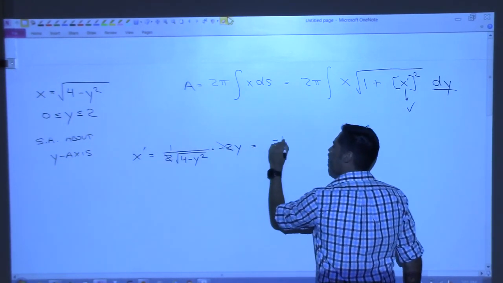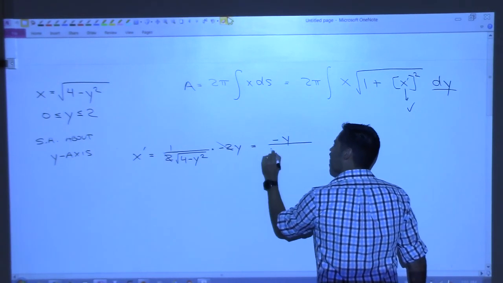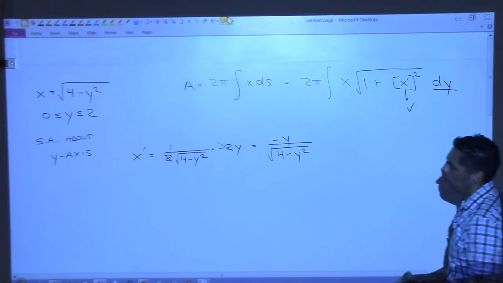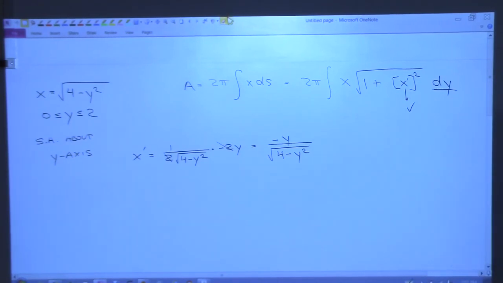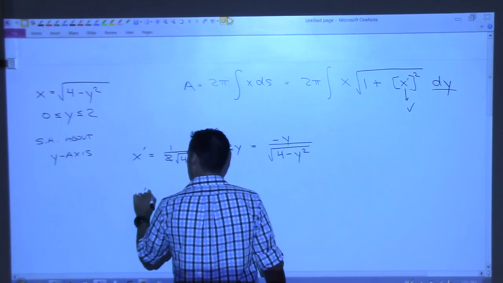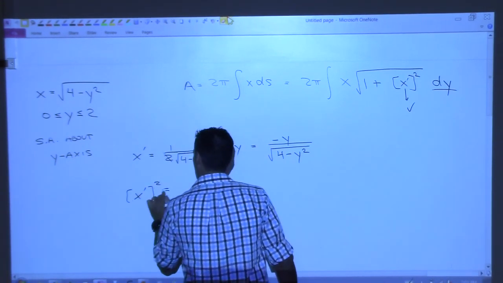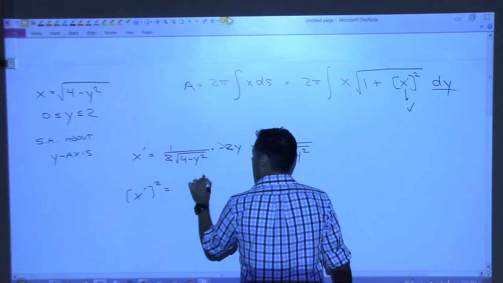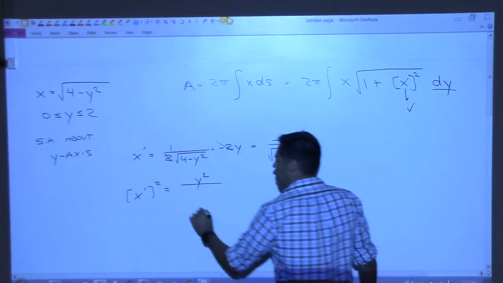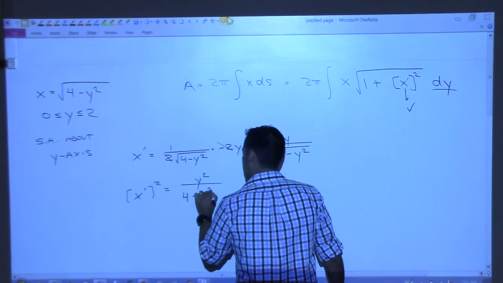We should just have negative y over the square root of 4 minus y squared. I need to square that. When I square that, I get y squared on top because the negative is going to become positive. And oh, again, very nice, 4 minus y squared. The root goes away.